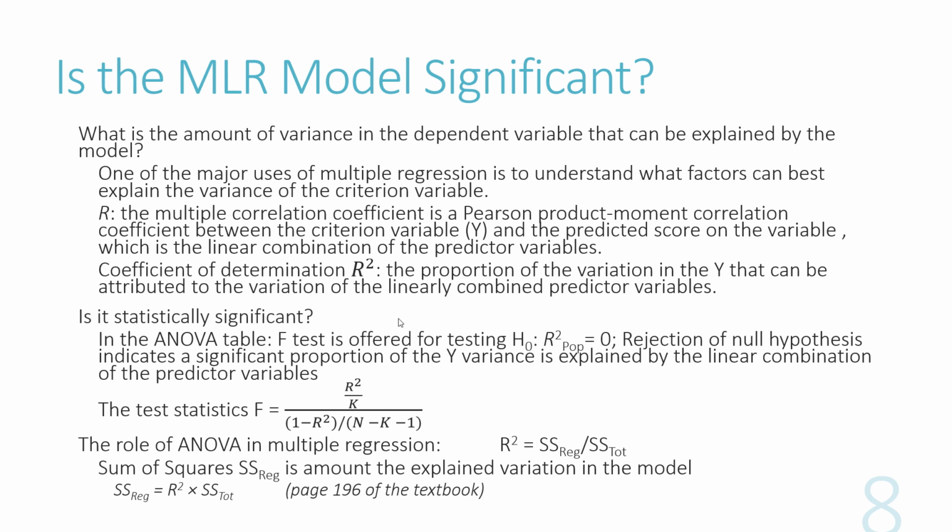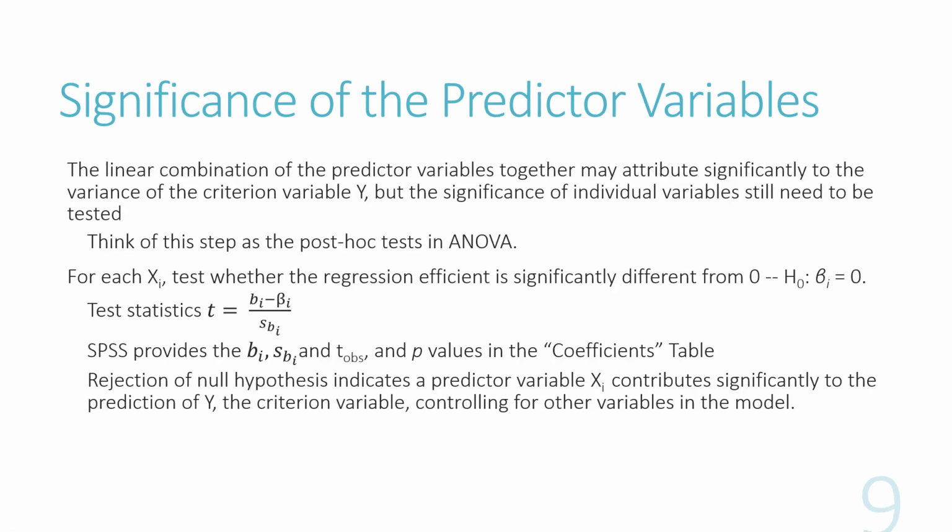If the p-value is lower than the alpha level, you reject the null hypothesis and conclude that the independent variables collectively explain a significant amount of variance in the dependent variable. If R-squared is not statistically significant, the model does not meaningfully explain the variance, and further analysis would be pointless.